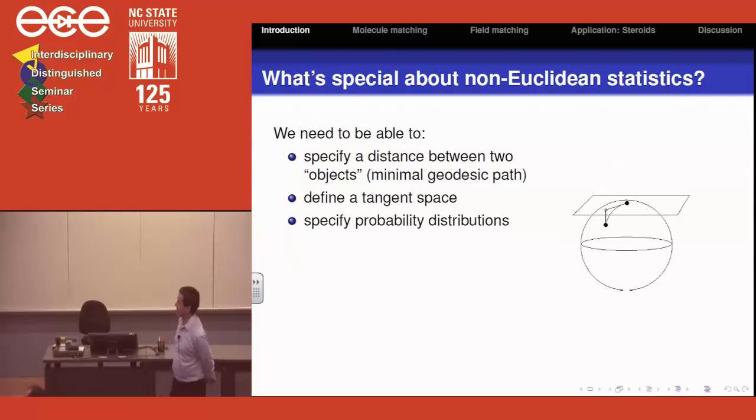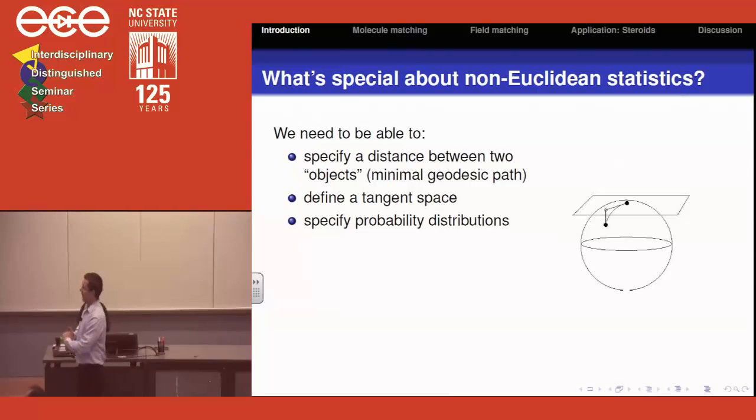Okay, so what's special about the area of non-Euclidean statistics? It's important to be able to actually specify a distance, and the distance that we choose is in many ways up to us. We want to choose a distance that is natural. So when it comes to my application of comparing molecules, I want to choose a distance that makes sense for comparing my molecules.